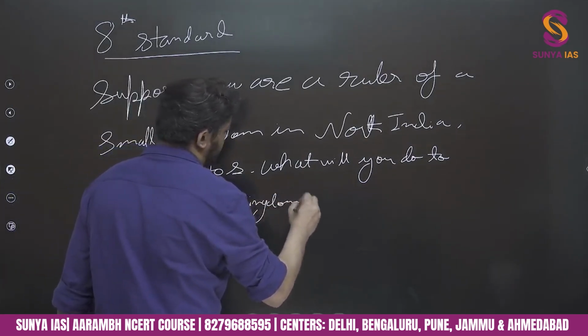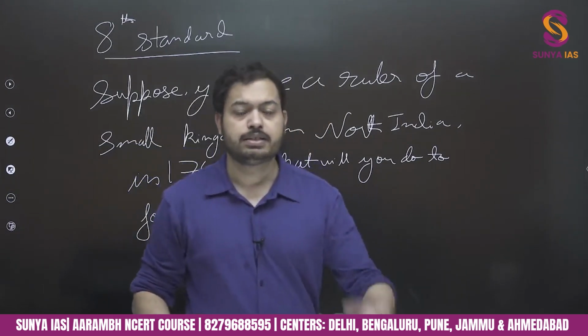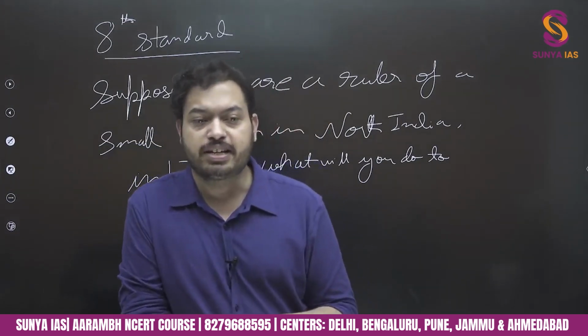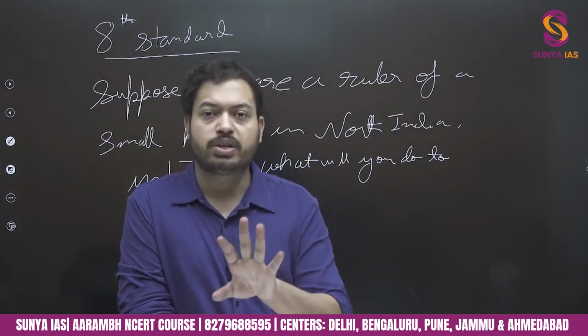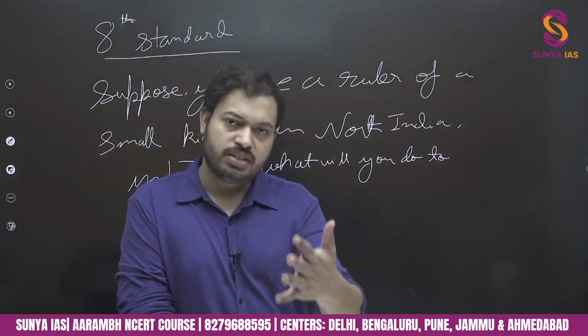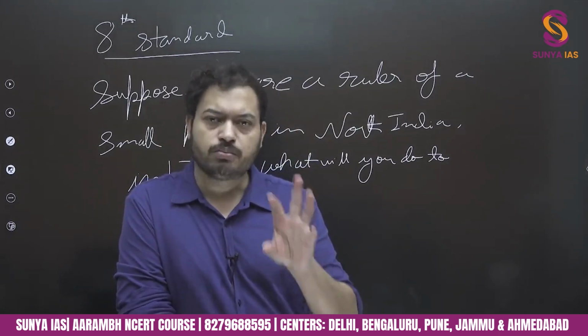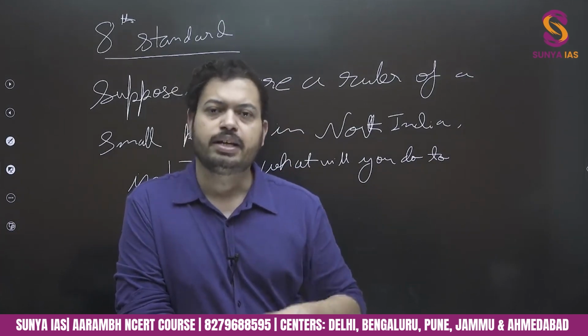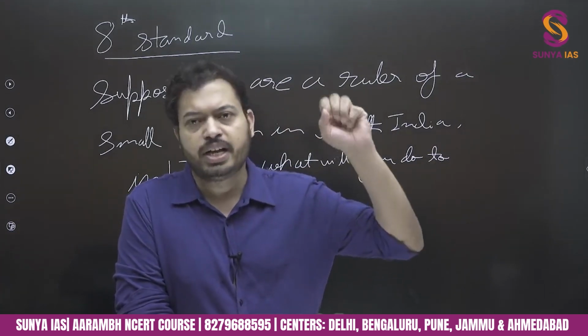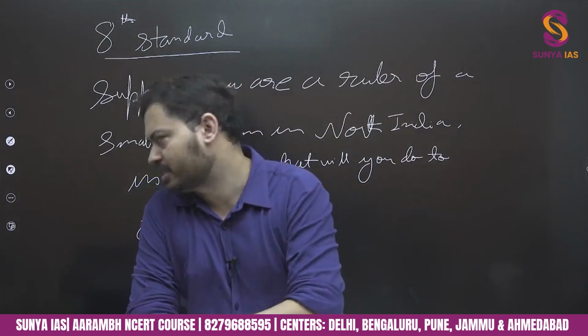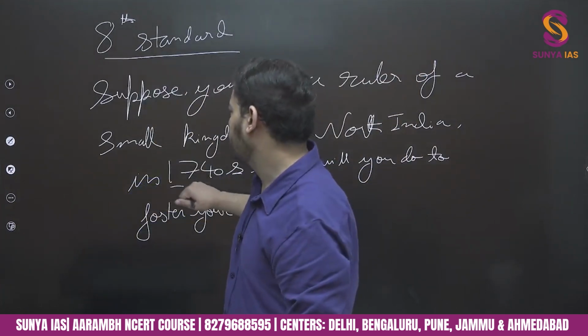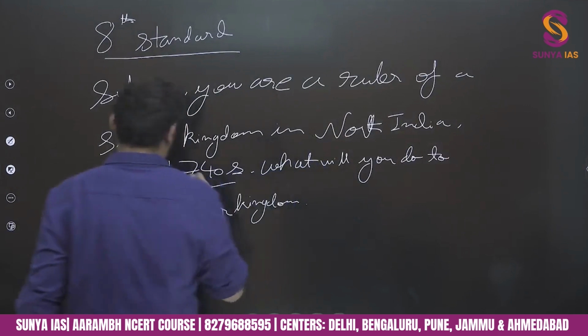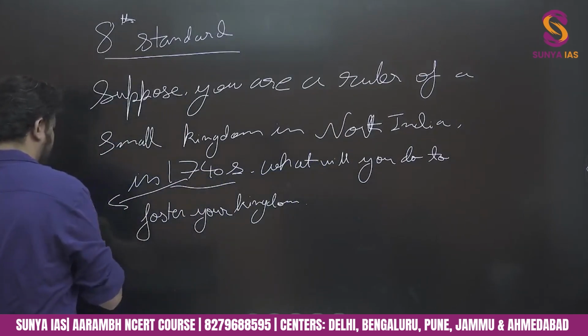Now, understand this. This is a question in your 8th standard book. It says to consider yourself the ruler of a small princely state in 18th century North India, specifically the 1740s, which is immediately after Nadir Shah's invasion of Delhi in 1739.